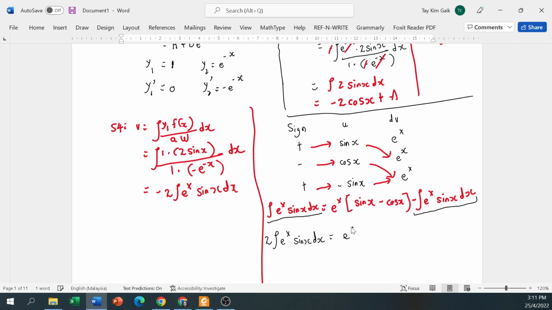The result is e^x times the bracket sin x minus cos x, and then plus c. If you want one time the integral of e^x sin x dx, you divide by 2. So the result of the integral of e^x sin x dx is e^x over 2 times sin x minus cos x.